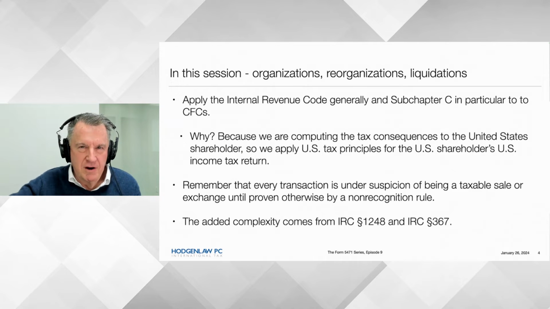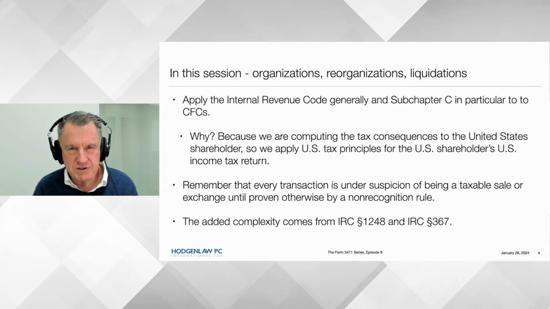The big picture here is that you're going to look at the Internal Revenue Code as it is and apply it as it is. And then when you're all done, you're going to bring in 2 separate code sections that might upset the apple cart. One is Section 367, which says, hey, all of those tax-free reorgs that you think you're doing?